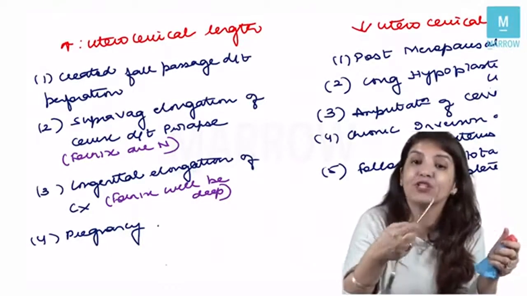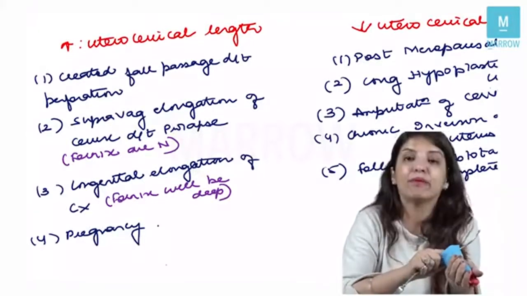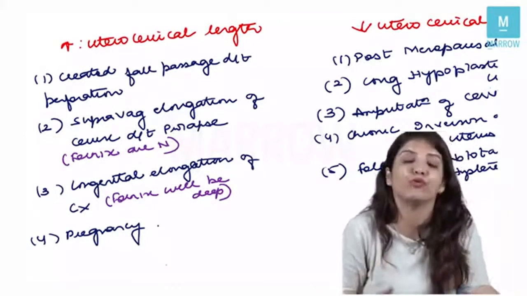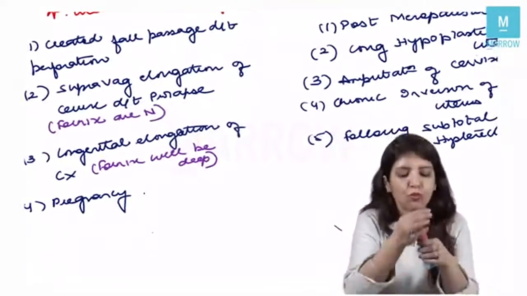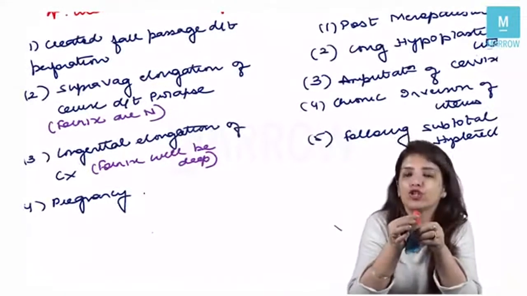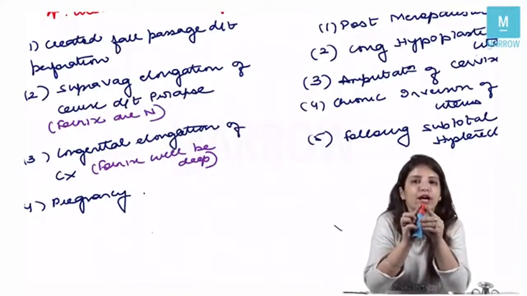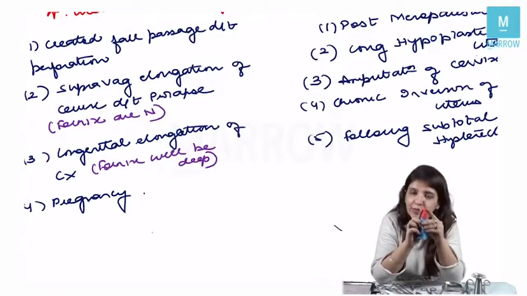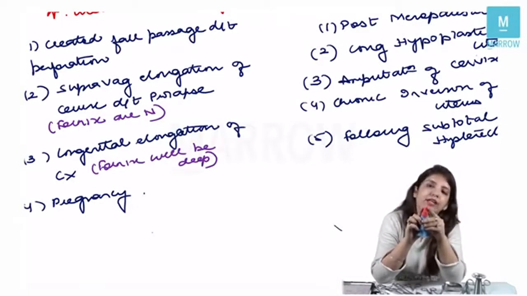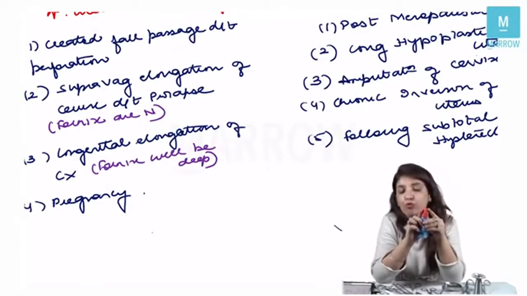So uterocervical length can be increased if there is perforation of the uterus. Or if there is supravaginal elongation of the cervix. If the supravaginal part of the cervix has elongated, then also the uterocervical length will increase. Or if there is congenital elongation of the cervix, there are a few females in whom the cervix is congenitally elongated.